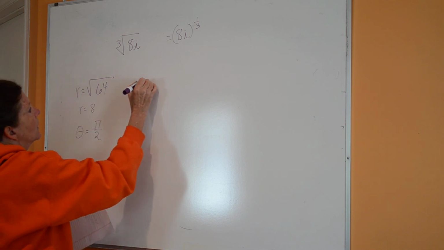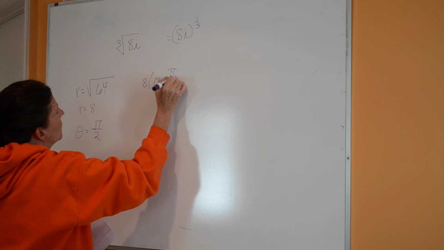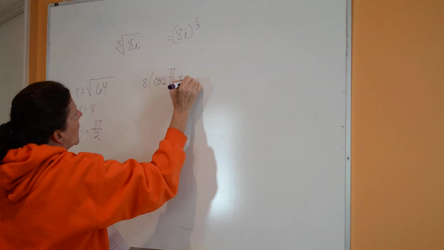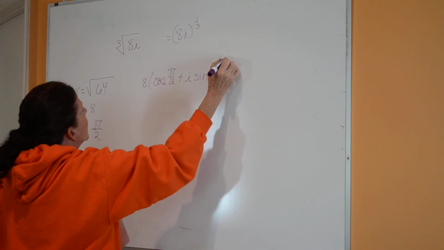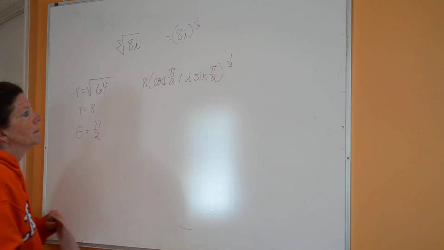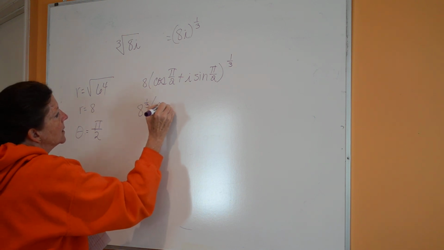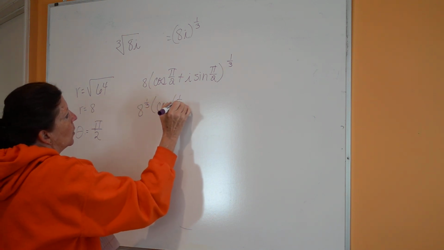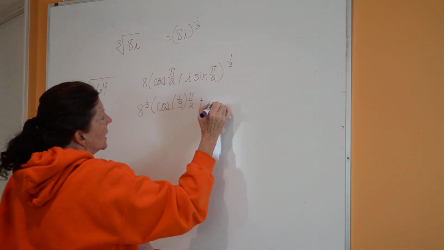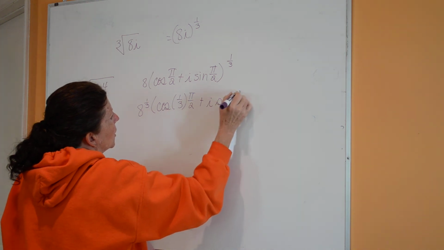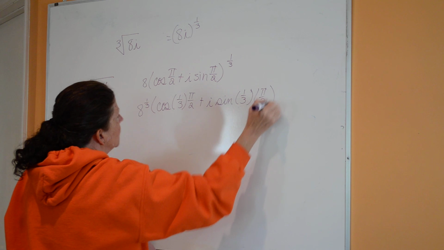All right, so I can rewrite this as 8 times the cosine at pi over 2 plus i times the sine at pi over 2, raised to the 1/3 power. So I have 8 to the 1/3 power times the cosine of 1/3 times pi over 2 plus i times the sine of 1/3 times pi over 2.